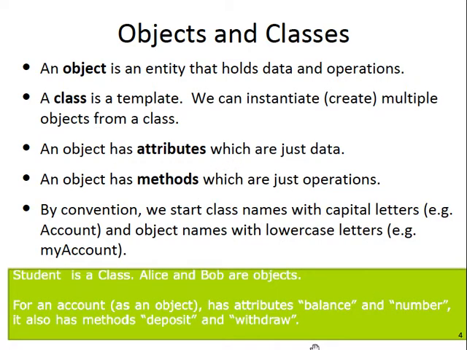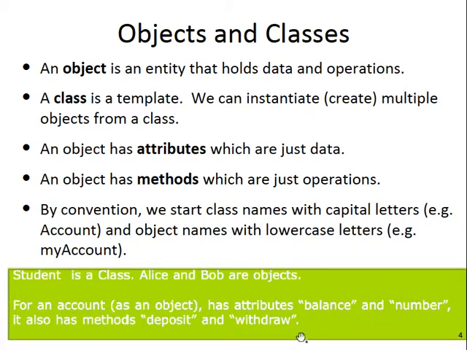For example, student is a class, but different students can have different names. So Alice is one student, Bob is another student. Alice and Bob are different objects, and they have different attribute values, but they share similar methods. For example, you can enroll a student in a course, so the method will be the same.